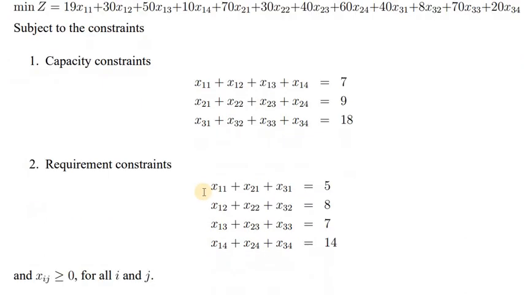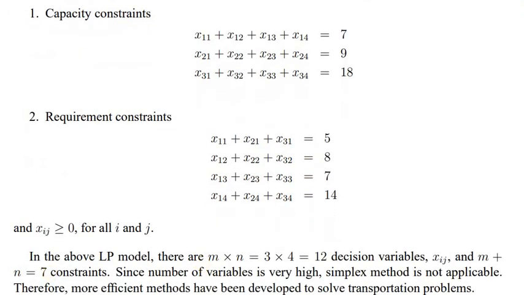The requirement constraints are x11 + x21 + x31 = 5, and similarly for the other requirement constraints, while xij is greater than or equal to 0.